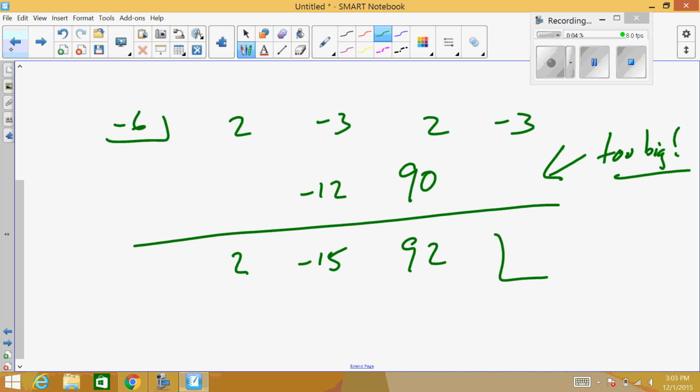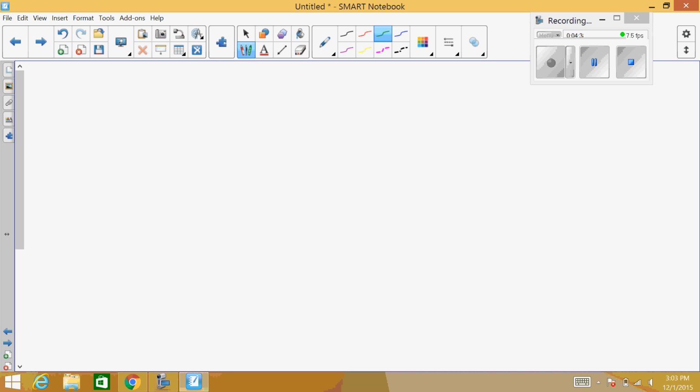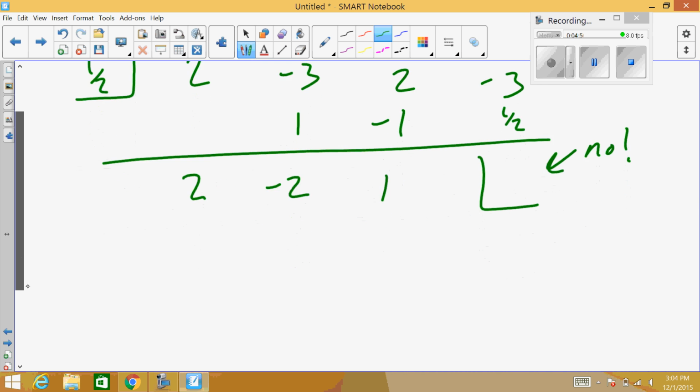With this theorem, we have to be careful. We aren't just looking at positive factors. We know that we can also take -2 times -3 and get 6, so we need to include that. Our factors of 6 are plus or minus 1, plus or minus 2, plus or minus 3, plus or minus 6. Our ones have the same deal.